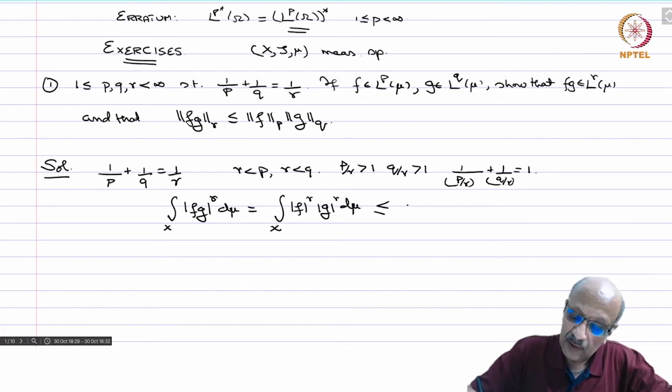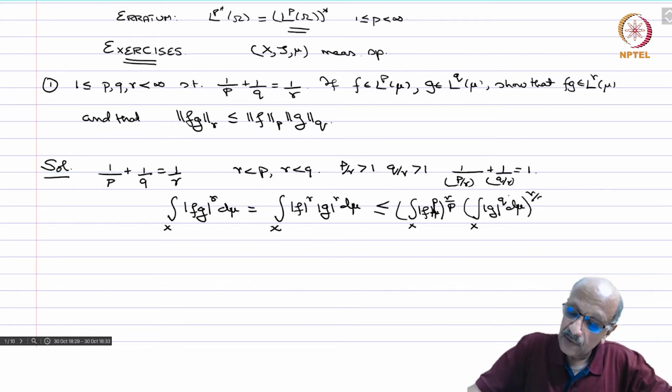So this is less than or equal to the integral over X of (|f|^r)^(p/r), that is |f|^p dμ, whole power r/p, times the integral over X of |g|^q dμ, whole to the power of r/q.